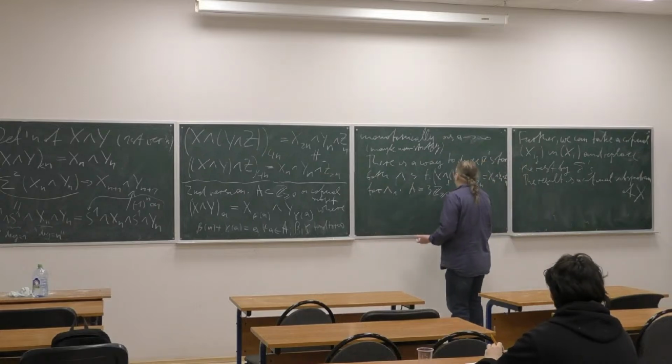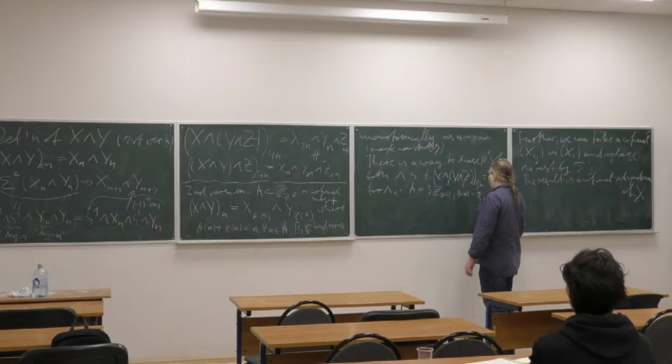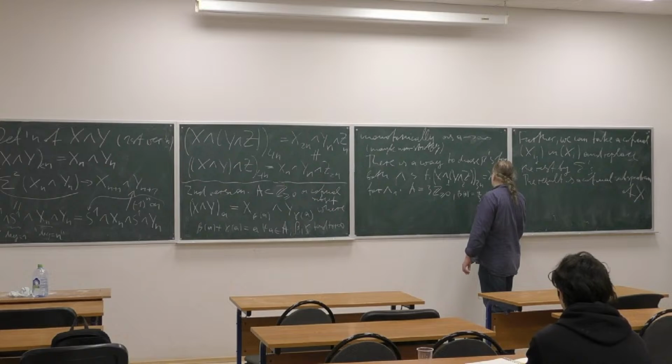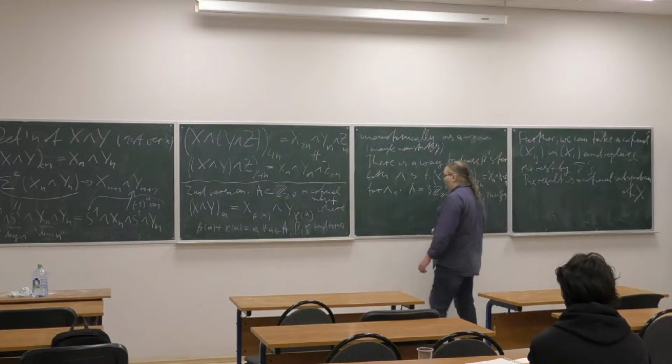And beta equal beta of A equal A by 3, and gamma of A equal 2/3 A. Very well.